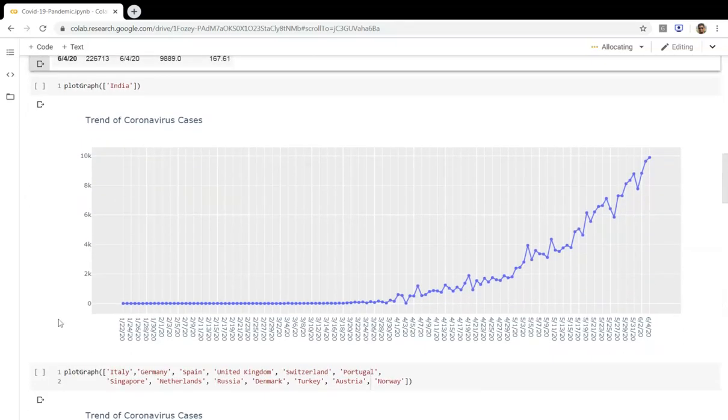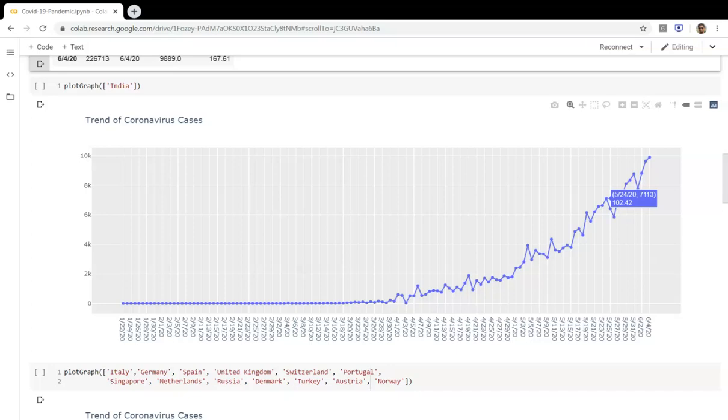When we plot data for India, we see that it keeps on rising every day. When we hover over a point, on the left hand side we see the date, that is 5/24/20. On the right hand side we see the daily new cases.